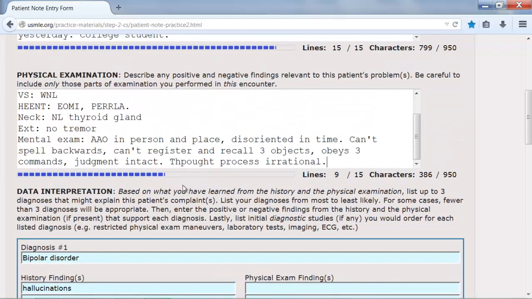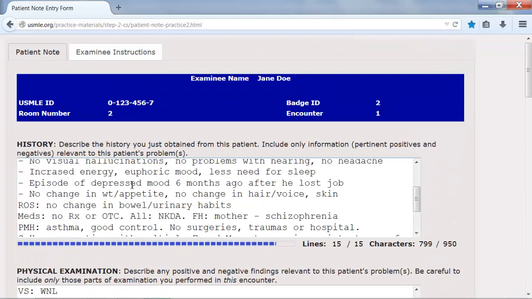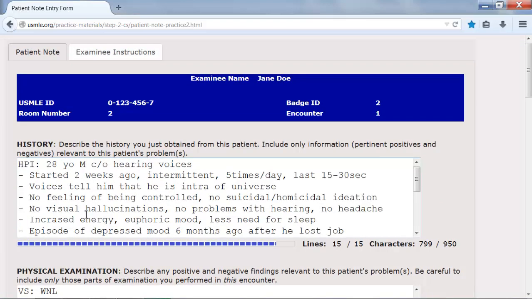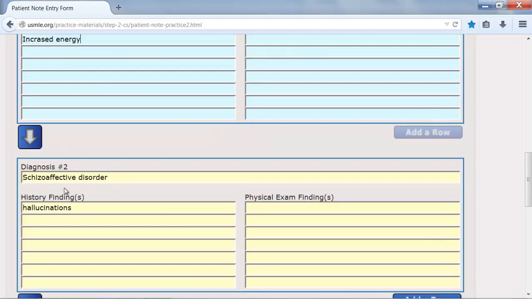And now we can fill our differentials with findings from history and physical. Okay. So increased energy will go for bipolar as well as for schizoaffective due to the affective component.